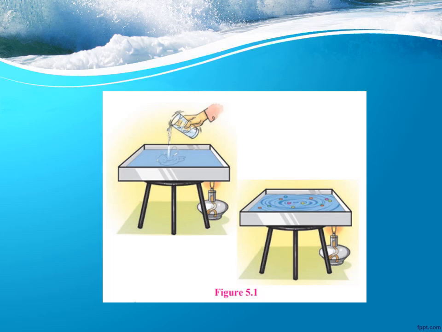Where can such processes take place on the Earth's surface? Such processes take place in the oceans. What are those processes and why do they happen? These processes are ocean currents.